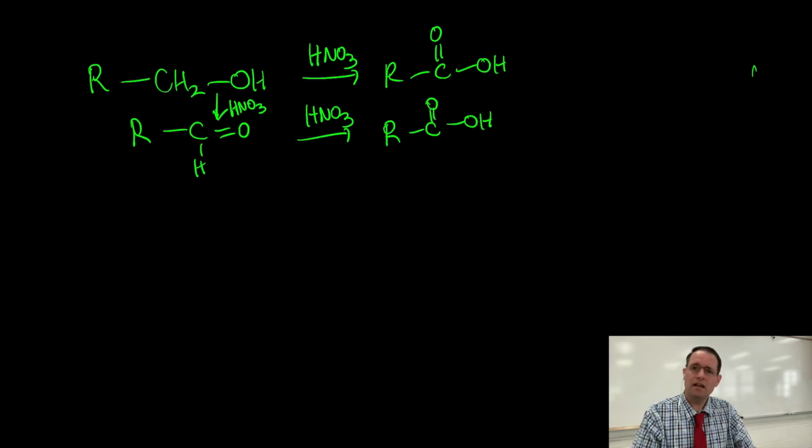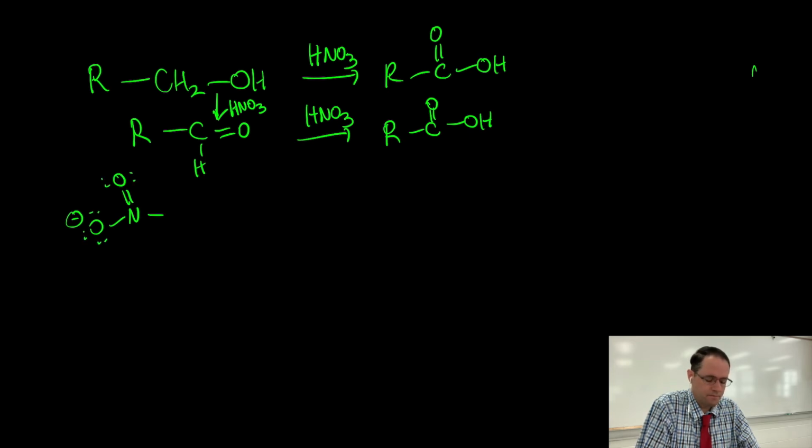Now we want to do what we did in chapter 19 when we did nitration of aromatic rings. We want to make this nitronium ion. So first, we have nitric acid, which has this Lewis structure. And we want to protonate the oxygen on the right.